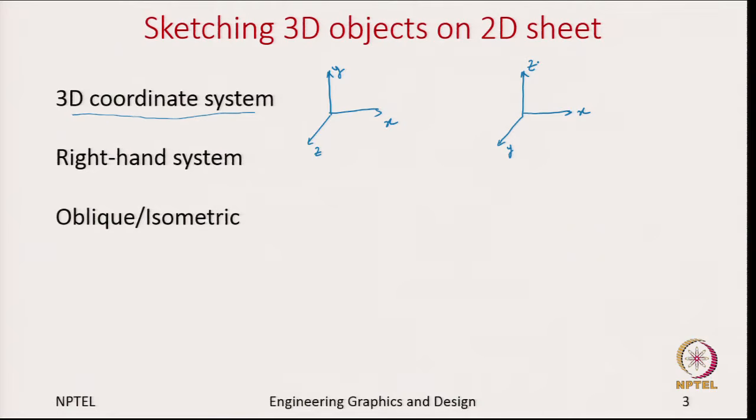So, what is the difference between these two coordinate systems? The difference is one is the right handed coordinate system, and the other is the left handed coordinate system. For example, the first one is the RHS or the right hand system, and the other one is the left hand system.